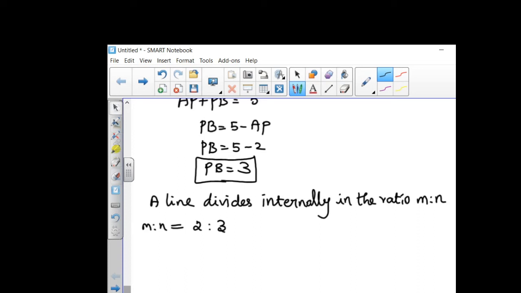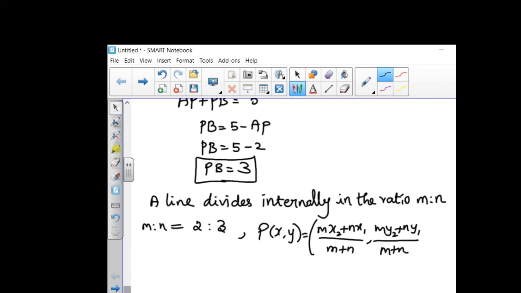Okay, so therefore the point P is x comma y. P of x comma y is nothing but (mx2 plus nx1) by (m plus n) comma (my2 plus ny1) divided by (m plus n).